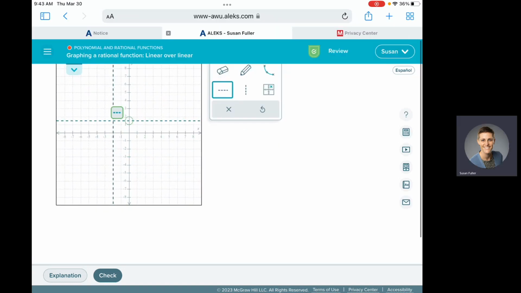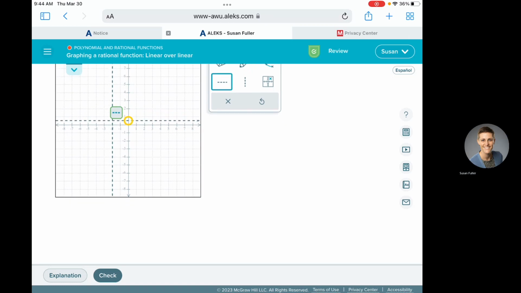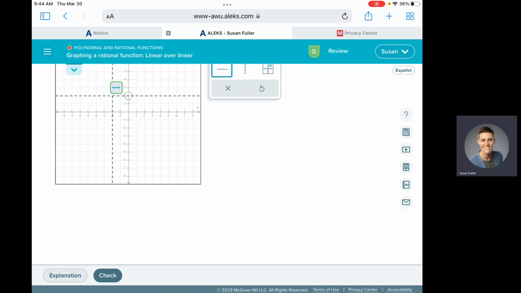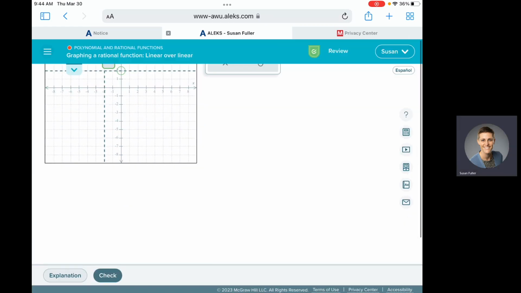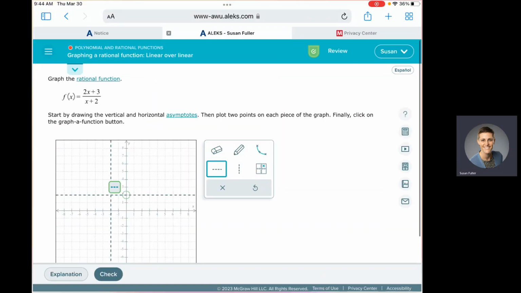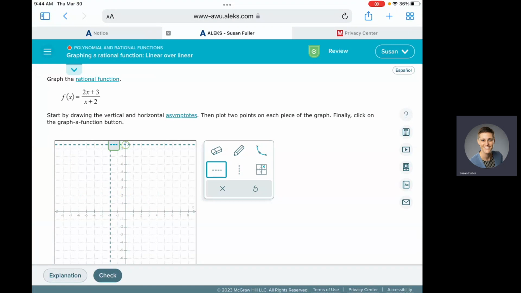Sorry, guys. I don't know why this doesn't want to stay still. There we go. Hopefully that should be there now. Okay, great. So our asymptotes are in, and now we can put in our x-intercept.